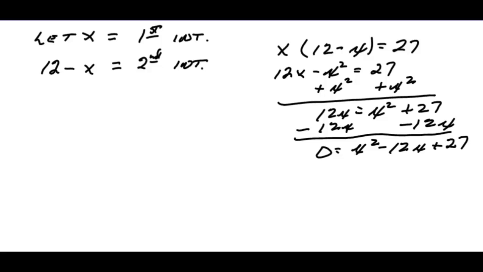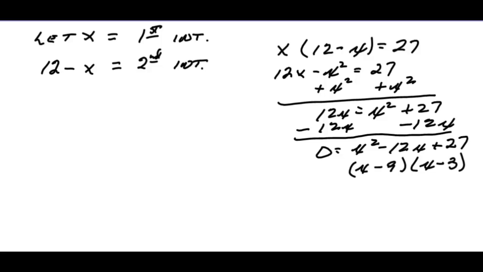All right? We have pattern number 2, as you recall from back in the days talking about factoring. In this case, we have what two numbers when multiplied together give me a positive 27, but when combined give me a negative 12. And those two numbers are x minus 9 times x minus 3.